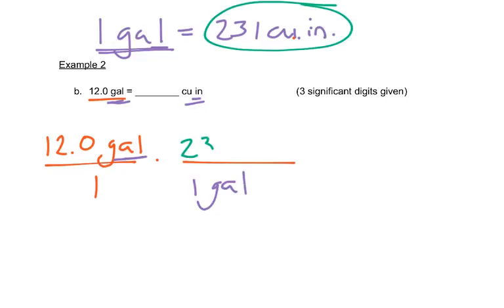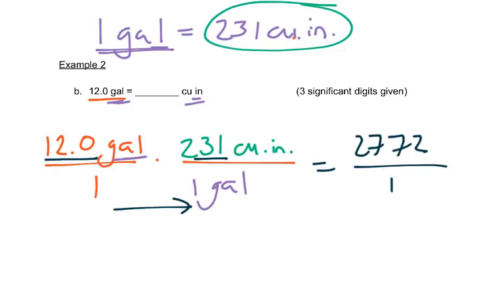This that's left will go on top. And then we'll multiply straight across. So we have 12.0 times 231, and we get 2772 over 1 times 1 is 1. The gallons canceled out, so here we have cubic inches left.